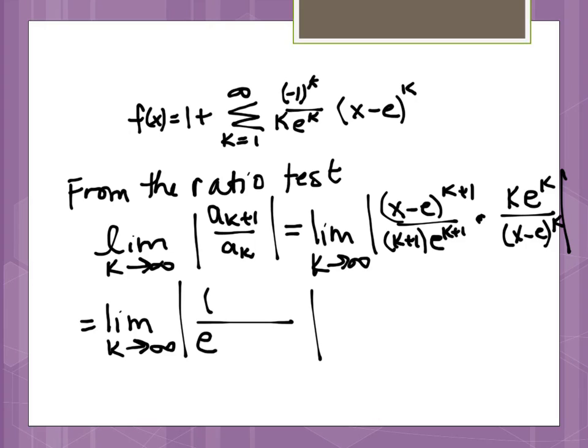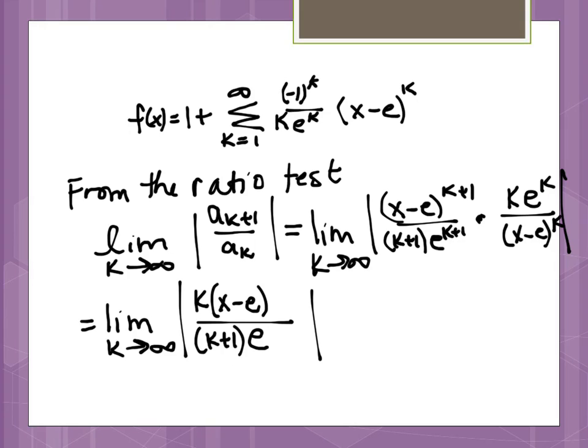Right, so I've got an x minus e to the k plus 1 on top and to the k on bottom, so I've got x minus e in the numerator. I don't know that I need those parentheses any longer. Sorry about that. And then the last thing is what? Yeah, I've got a k still on top, so I guess I did need those parentheses. And I've got the k plus 1 in the bottom. Okay, does that look all right?